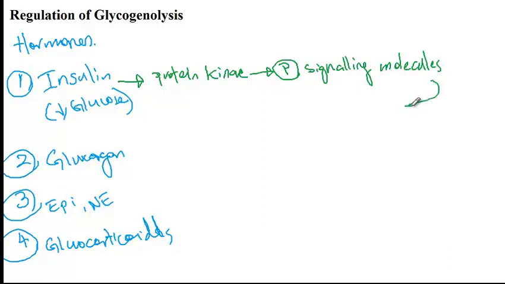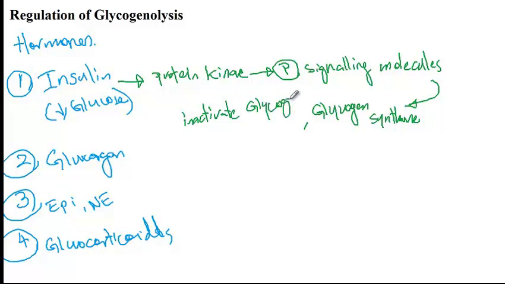And these signaling molecules will activate glycogen synthase and inactivate glycogen phosphorylase, so that glycogen does not break down anymore.